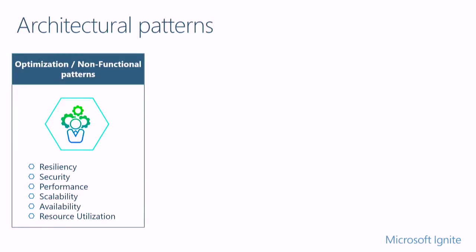These patterns don't bother about what's implemented within the microservice code itself. They talk about concerns common to microservices like resiliency, security, performance, scalability, availability, resource utilization, etc., which are cross-cutting concerns across the services.